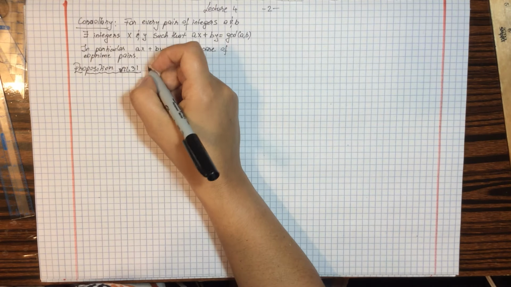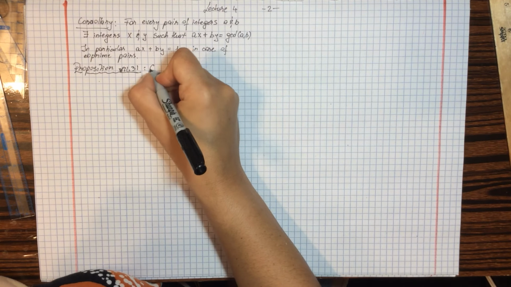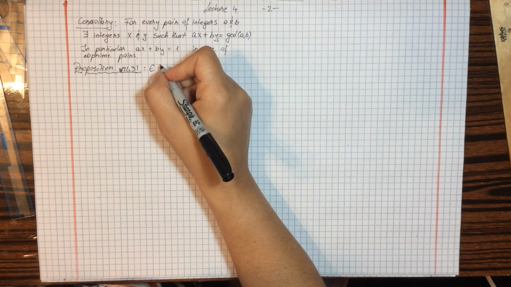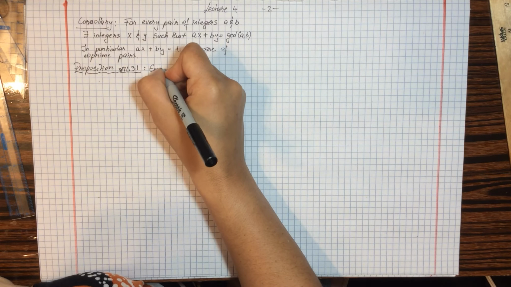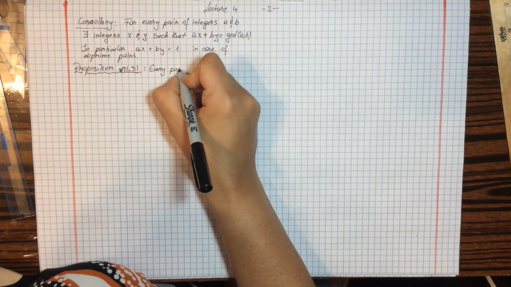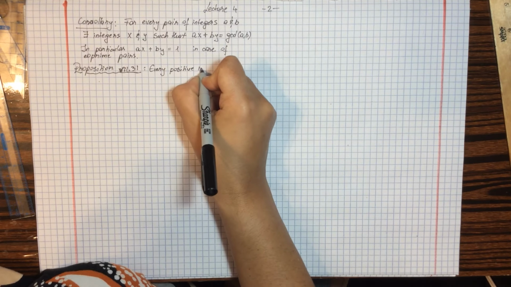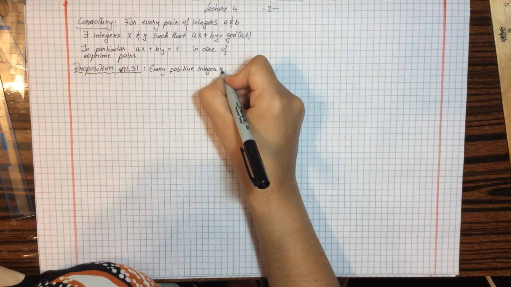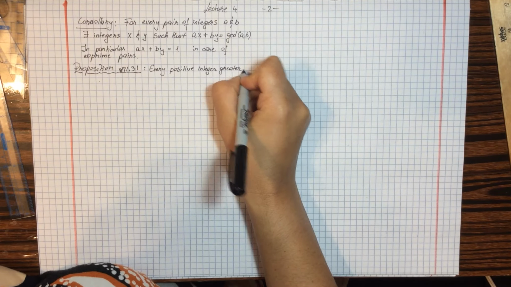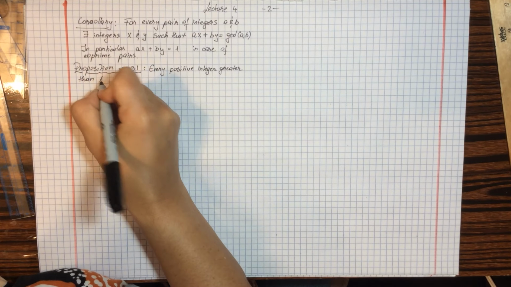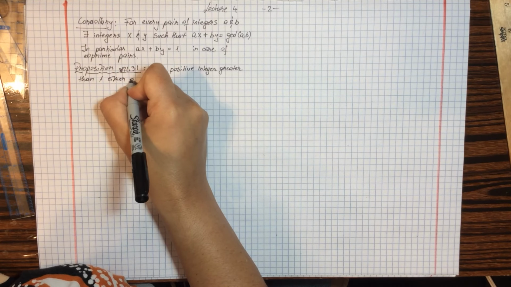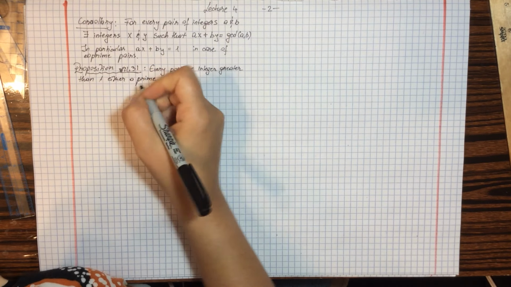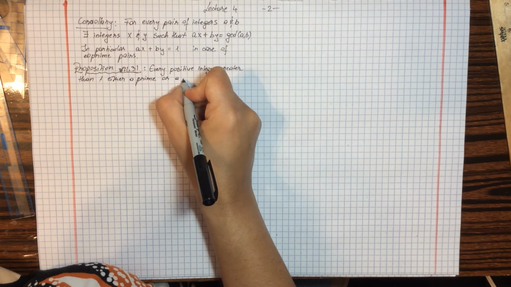So proposition 31 says the following, that every positive integer greater than 1 is either a prime or a product of primes.